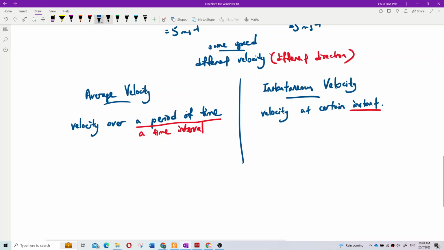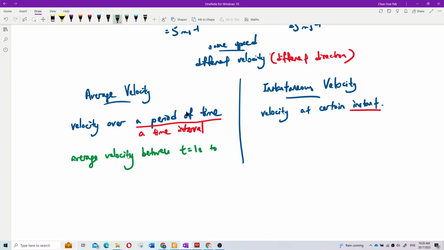Normally we say it this way. Average velocity between 1 second to 10 second. Apakah average velocity secara purata? Average velocity between 1 second to 10 second interval.